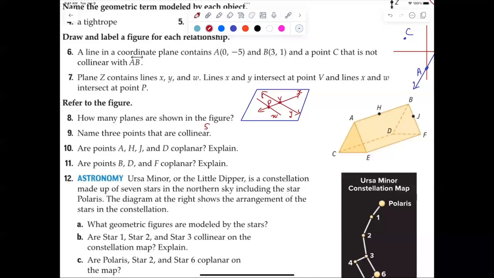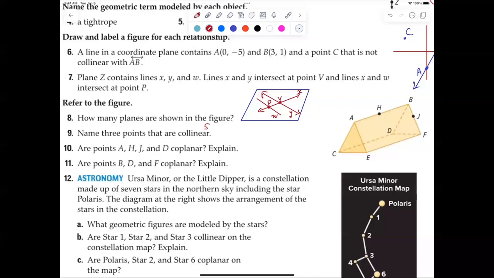It's the same prefix, right? Co-linear, same line. So what do you think coplanar means? Same plane. That's the logic behind it. That's what I'm trying to tell you. It's just really not that big of a deal.